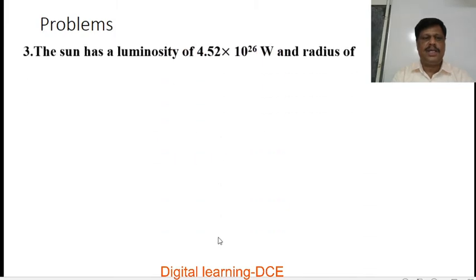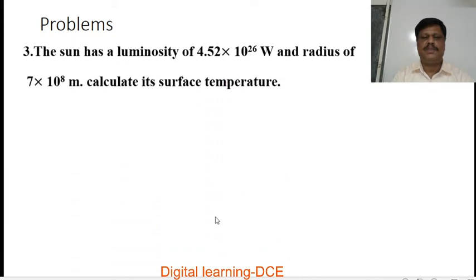The third problem is that the sun has a luminosity of 4.52 into 10 power 26 watt and radius of 7 into 10 power 8 meter. Calculate its surface temperature. We know that luminosity of a star is given by L is equal to 4 pi r square into sigma T to the power of 4.